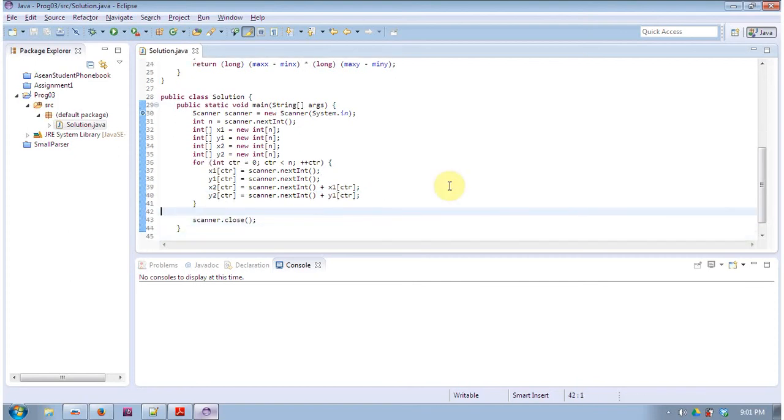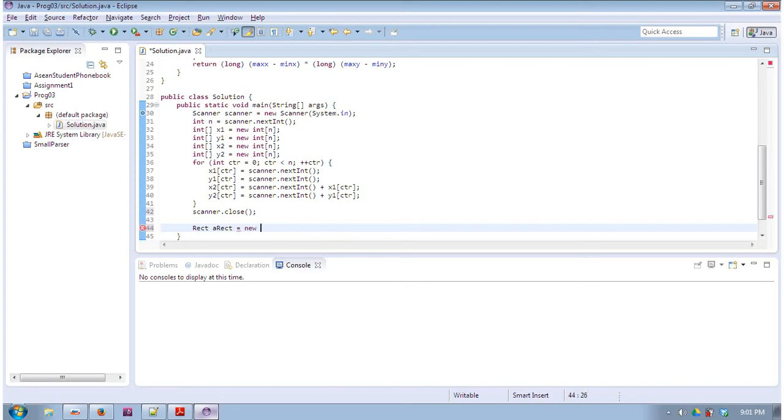Next we define our rectangle to be x1 of 0, y1 of 0, x2 of 0, y2 of 0.